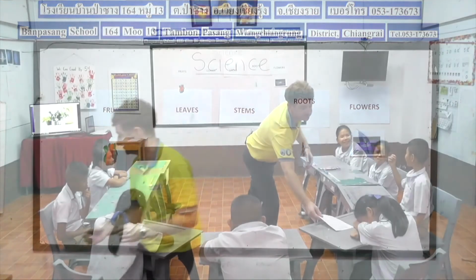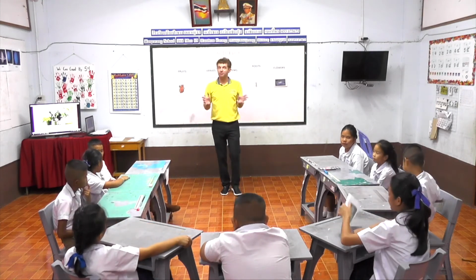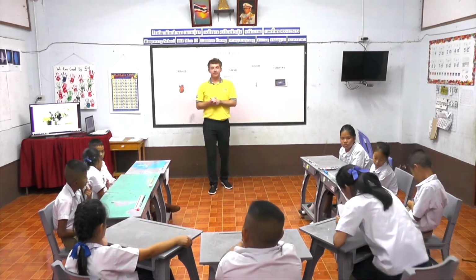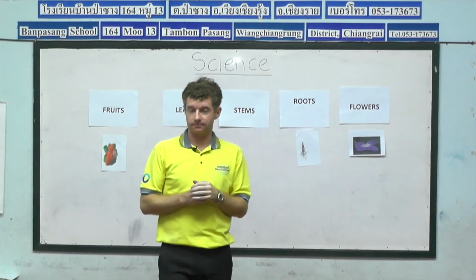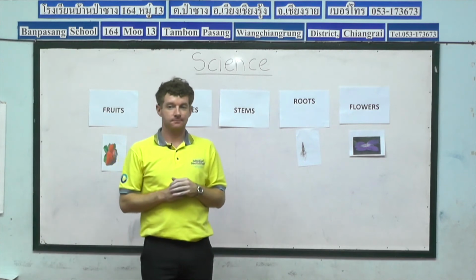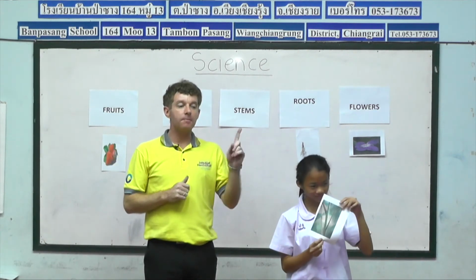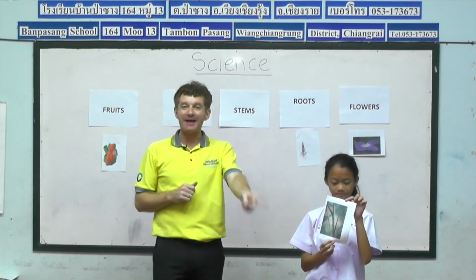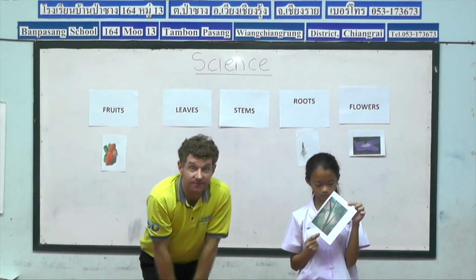Next picture. And now it's Down's turn to bring her flash picture forward. Let's see if we can guess what part of the plant is on Down's picture. So let's have a look, guys. What do we think? Now remember, stem. Excellent. This is like the main body or the skeleton of the plant that takes it to the other parts.